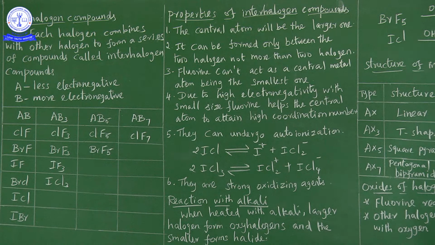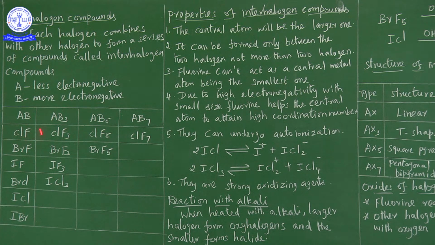So இப்போ compare with fluorine and chlorine, chlorine is a less electronegative element, fluorine is a more electronegative element. அப்போ chlorine என்ன பண்ணும்? Chlorine can make AB, AB3, AB5 and AB7 interhalogen compounds only with fluorine. அப்போ அதை விட ஹை எலக்ட்ரோநெகட்டிவ் எலமெண்ட் இருக்கிறது கூட மட்டும்தான் பாண்டை ஃபார்ம் பண்ண முடியும். அப்போ குளோரினோட ஹை எலக்ட்ரோநெகட்டிவ் எலமெண்ட்ங்கிறது என்னது? ஃப்ளூரின்.